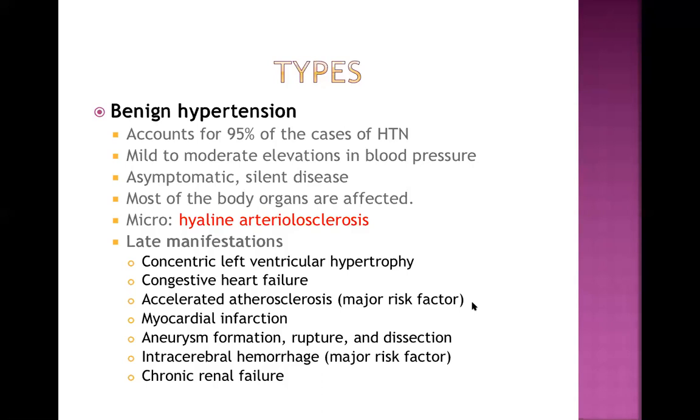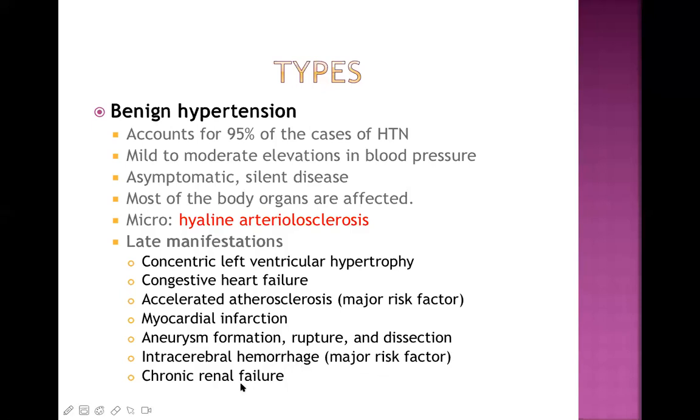Aneurysm formation, rupture, and dissection of the aorta, again very common in the presence of hypertension, because inside the blood vessel the pressure is high. That pressure is always felt by the wall of the blood vessel, especially the artery, and it can develop all these problems. Intracerebral hemorrhage, a type of stroke, we call it hemorrhagic stroke. Hypertension is a major risk factor for that.